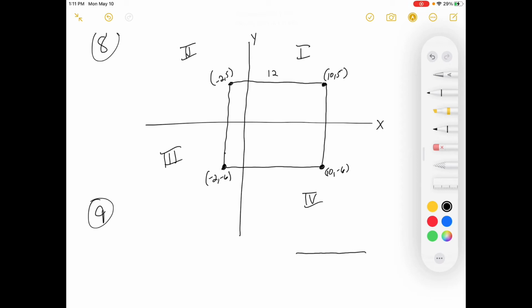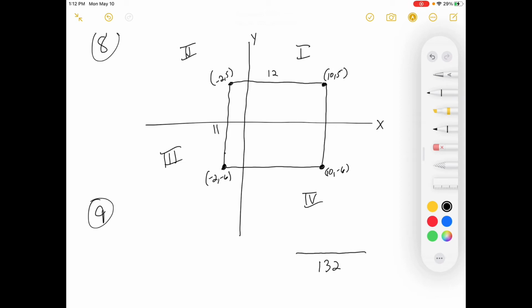And we look on the sides, we're looking at the y values from 5 down to -6 is 11. So to find the area of that rectangle, we're just going to say 11 times 12. That gives me 132.